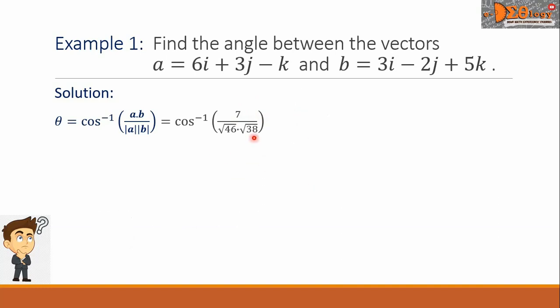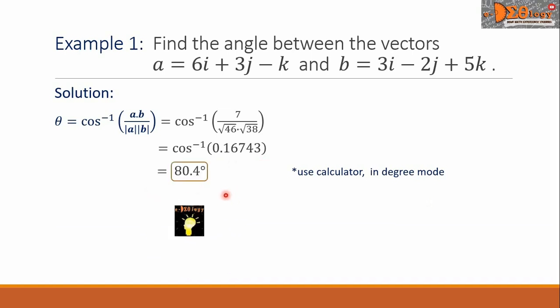Let us simplify the fraction into decimal, and that will be 0.16743. Let us use our calculator in degree mode. So the angle will be 80.4 degrees. This is the final answer.